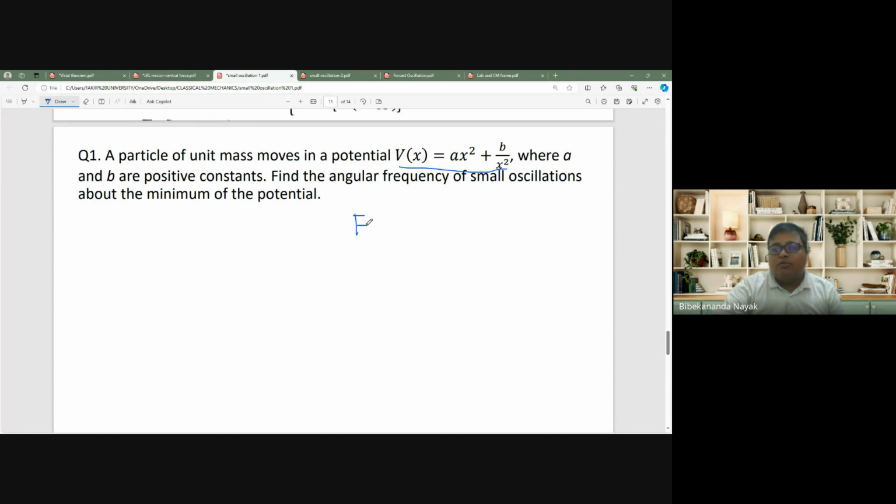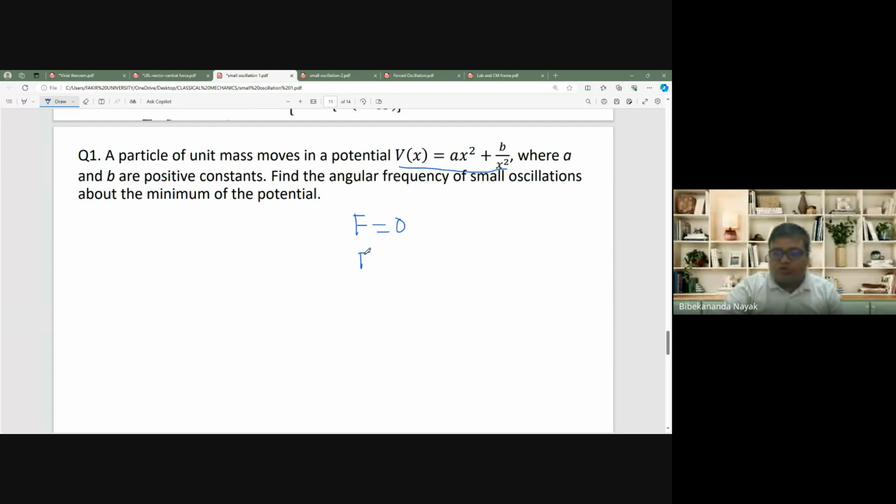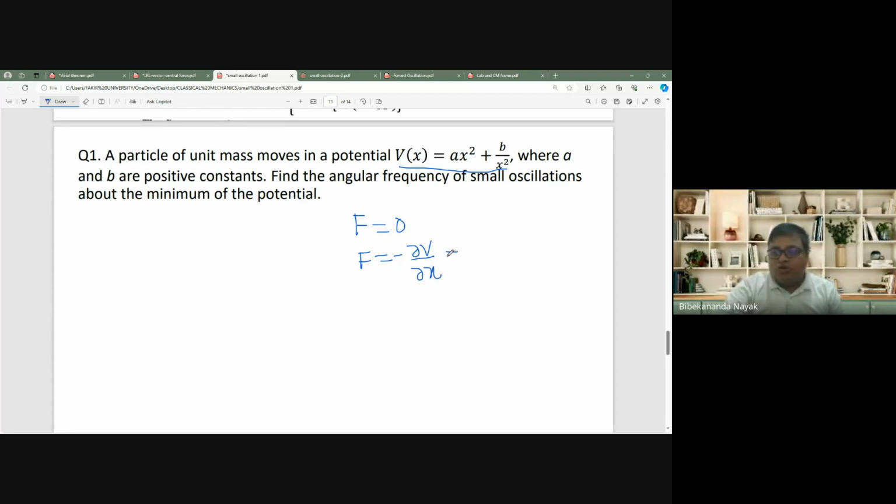At equilibrium, force is equal to zero. So how do you calculate force from potential? Minus del V by del x. So it will be zero.